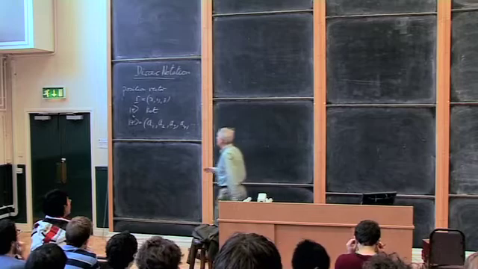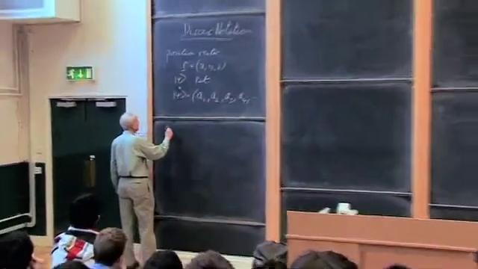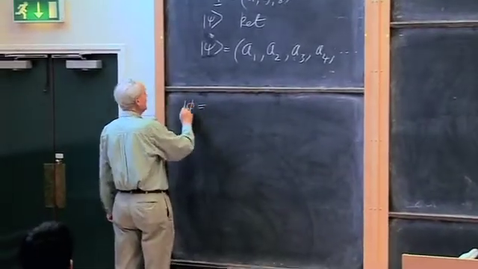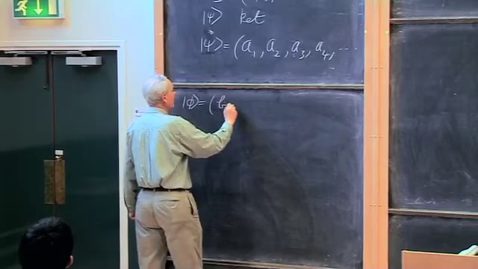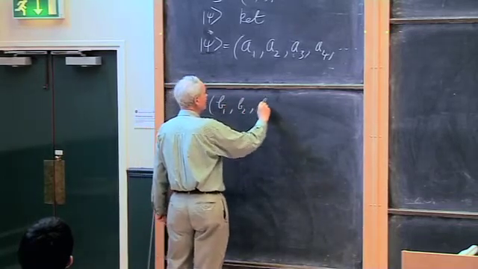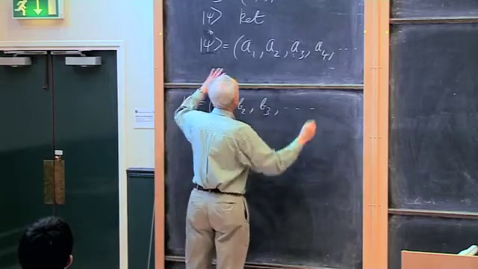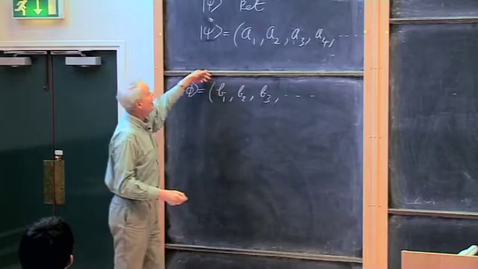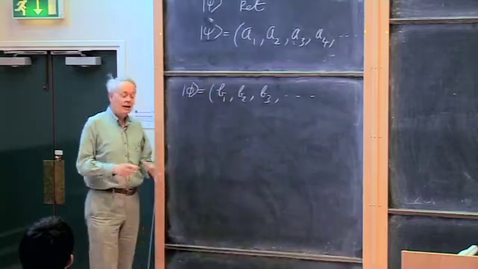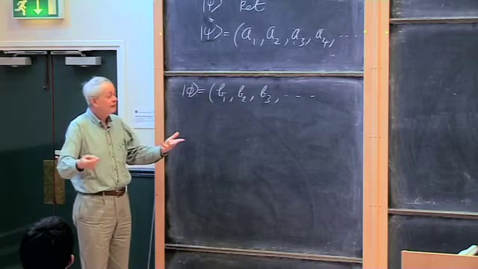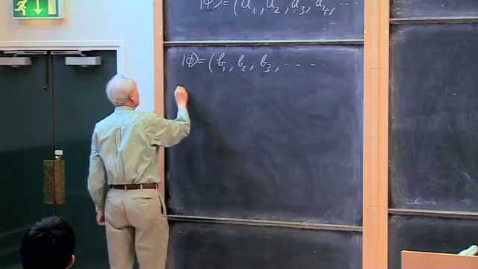Okay, now we know what it is. If we have two kets, supposing this is another dynamical state of the system, and let it be defined in some particular system, let it be these numbers, B1, B2, B3, etc. Then, because we know what it is to add amplitudes, indeed we're under orders to add amplitudes when something can happen by two different routes, it makes sense to define this object.